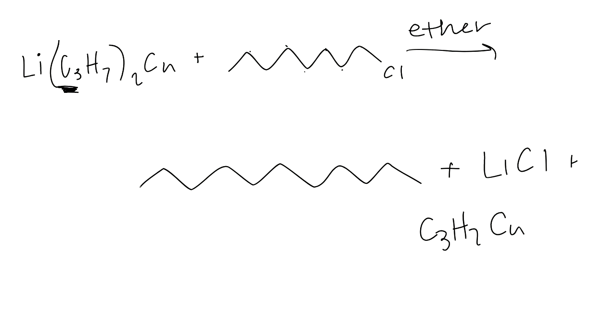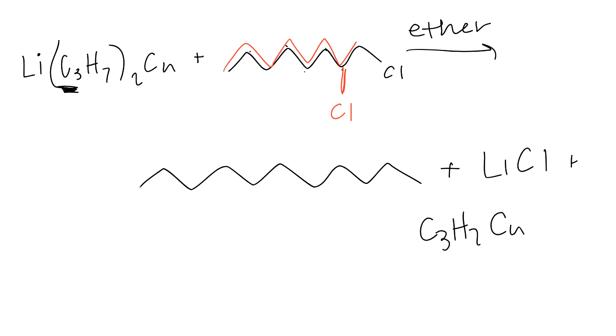Now it's possible that instead of having the chlorine at the very end, having a terminal chlorine, I could have a chlorine somewhere like here, which just means, again, that's where our group would change. So in that case, we would have 1, 2, 3, 4, 5, 6, 7, 8 carbons.